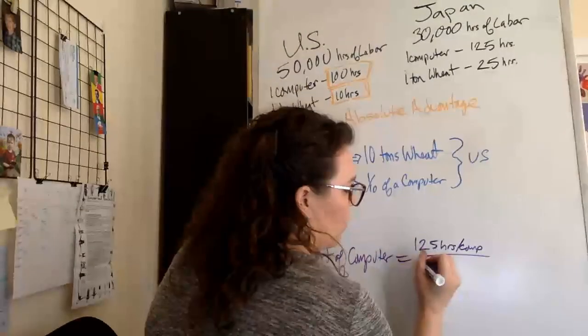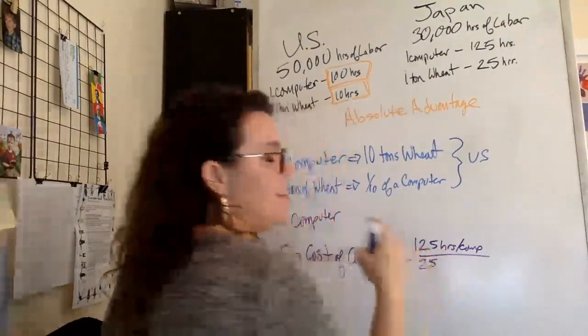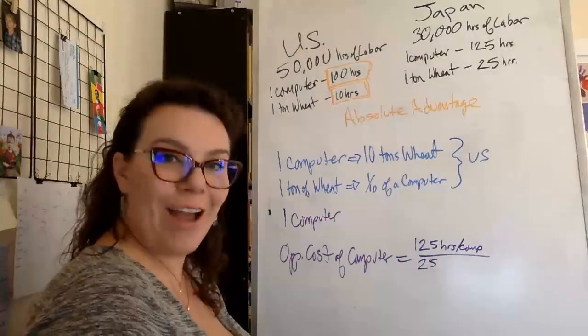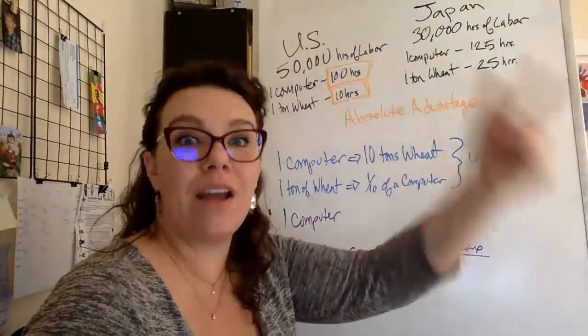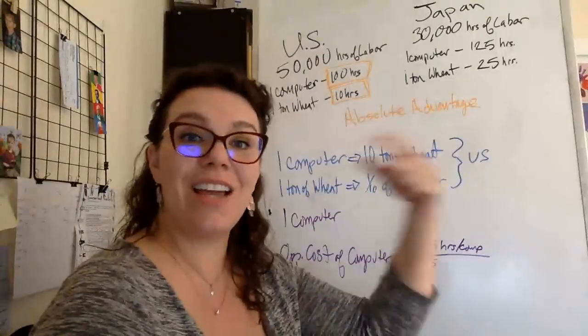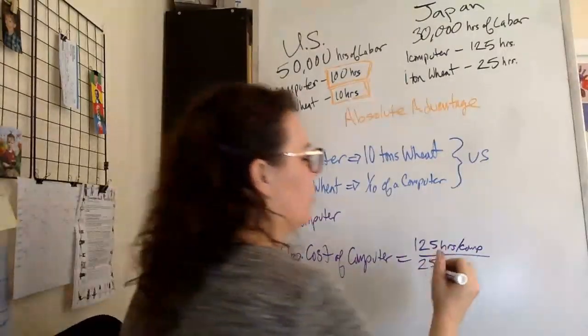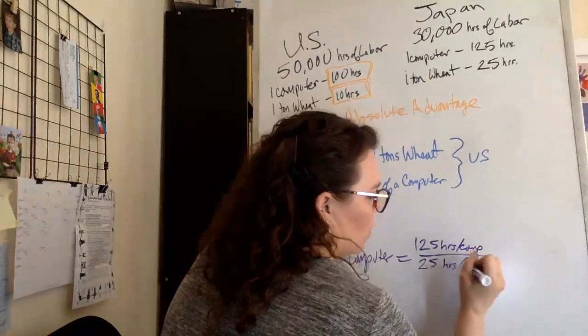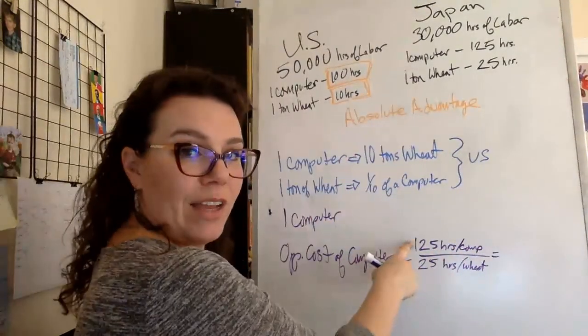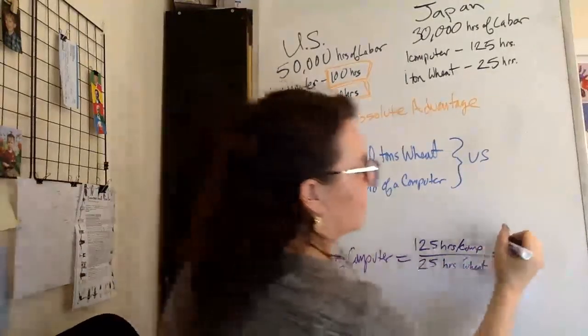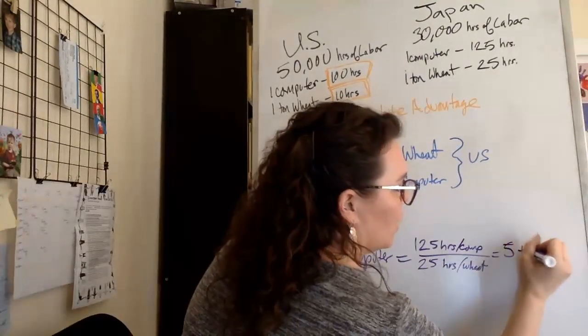So each 25 hours that they spend working on that one computer, they're giving up another ton of wheat, another ton of wheat, another ton of wheat. So we can look at the ratio of the costs and say 125 divided by 25 is 5 tons of wheat.